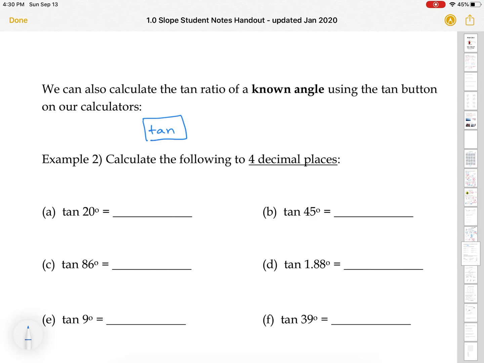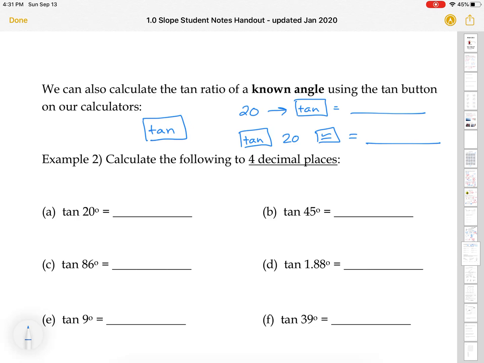For most of your calculators, the procedure is you put 20 in and then press the tan button, and it will give you your number. If you have a graphing calculator, you're probably going to have to put tan first, then 20, and then the equals button, and it'll give you your answer. So it depends on your calculator which one's going to work.